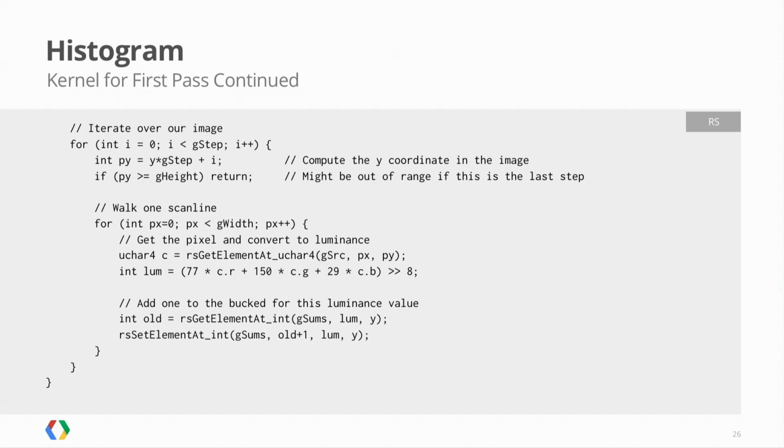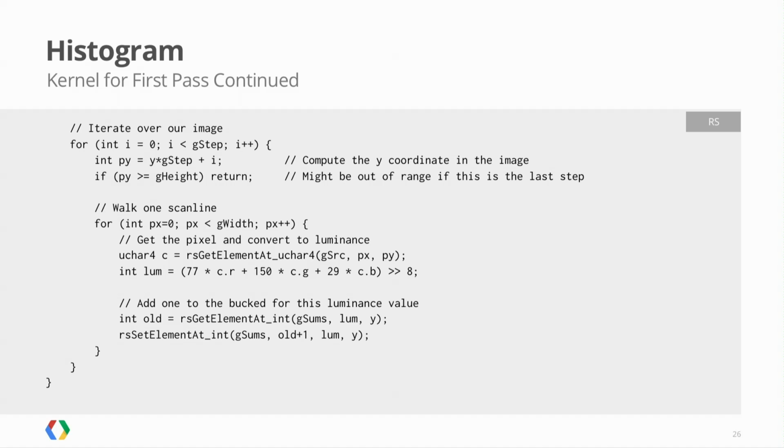And then we walk through one scan line. So we just iterate in the kernel from left to right, and we'll get an element from our input image and load that into a temporary uchar4 value. We then calculate a luminance value from that. In this case, it's just integer math, nothing terribly exciting.